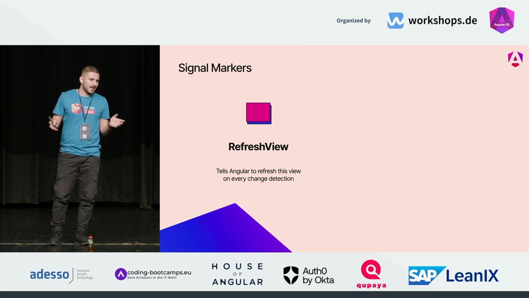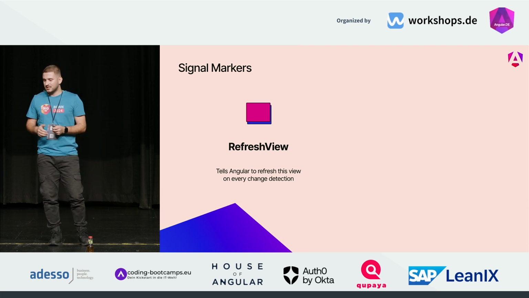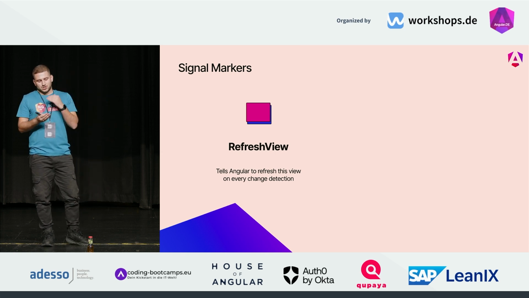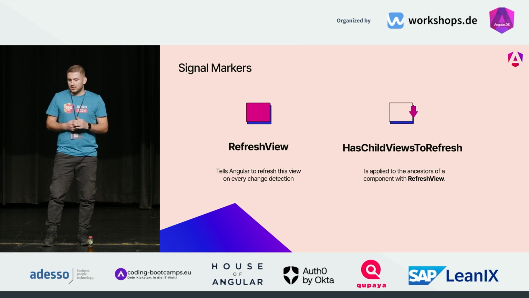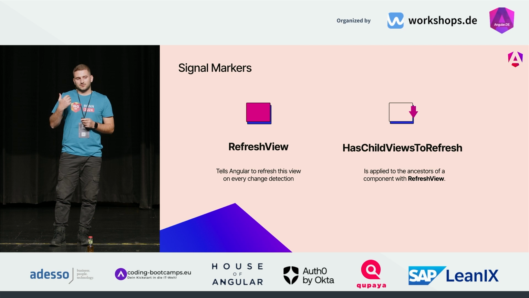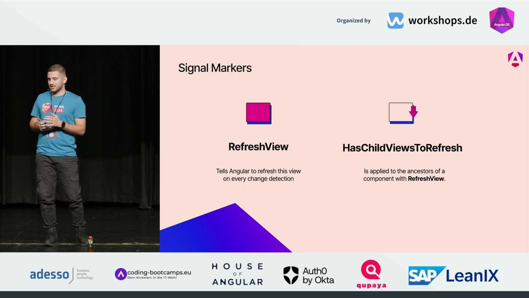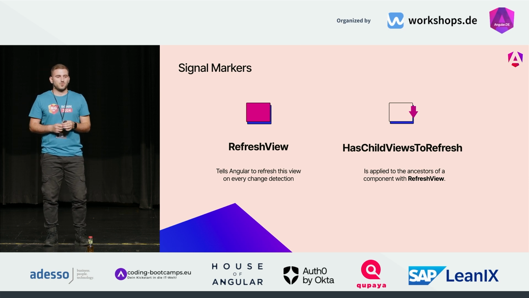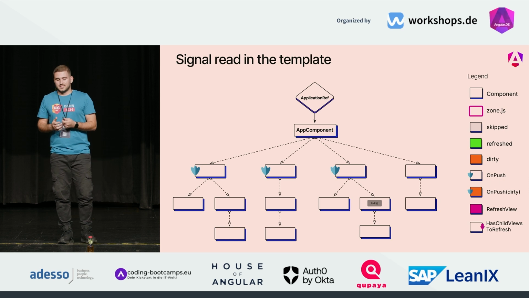Just some new flags internally. And any time that Angular does change detection or top-down refreshing, it will go on each node and see, OK, if this is a refresh view, then I should always refresh this no matter what. And another flag is has child views to refresh. This will be applied on all the ancestors of this refresh view component. So let's see this in action.